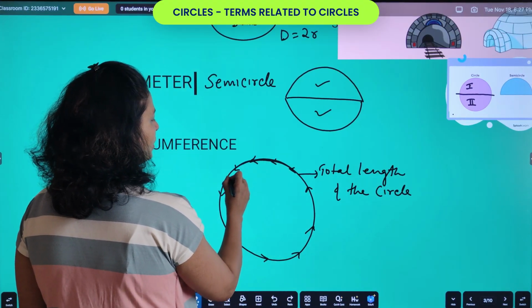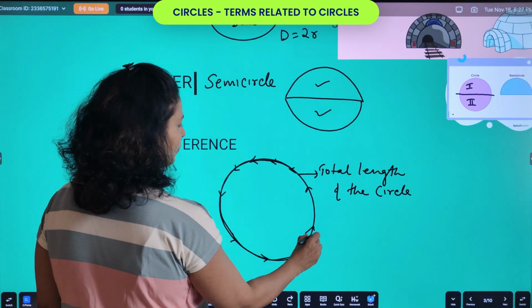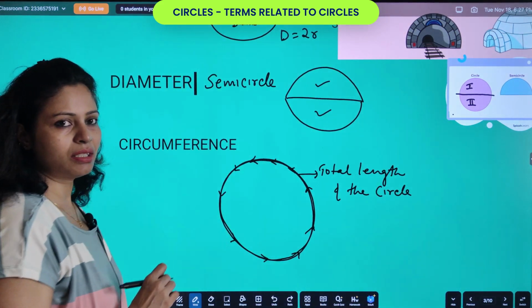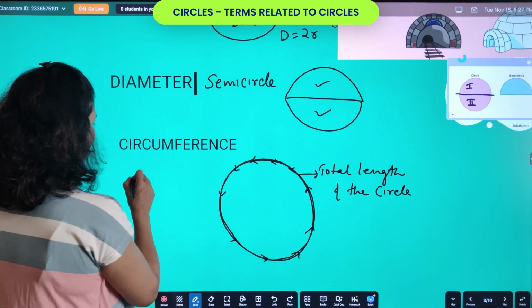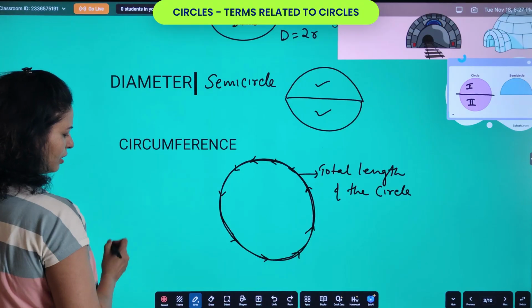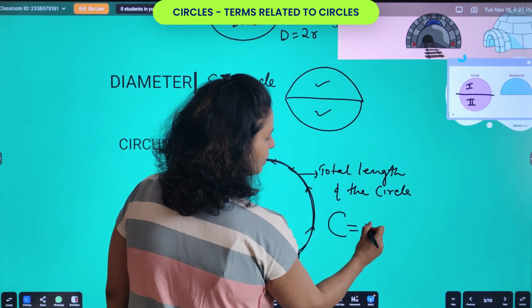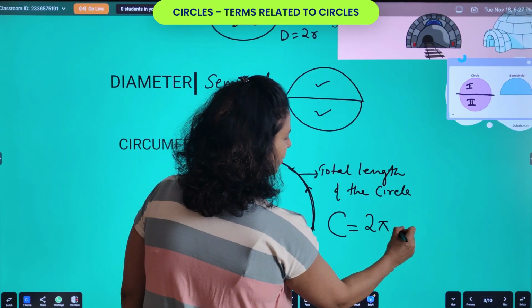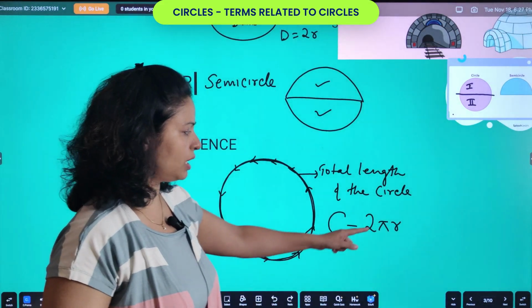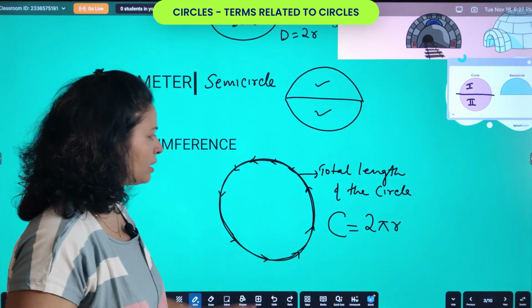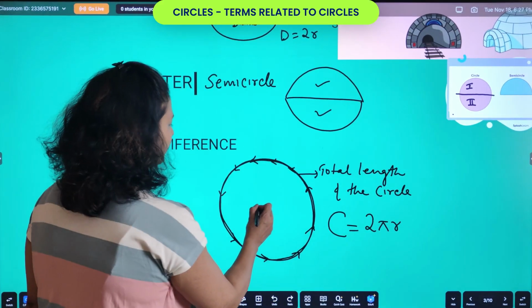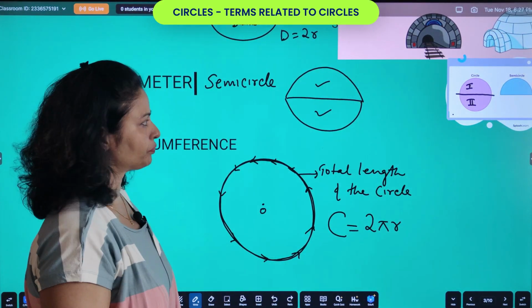So one full length of this circle is considered the circumference. You must have learnt the circumference formula, that is 2 pi r, that is 2 into pi into the radius. That's how we find the circumference of a circle. This is the center O.